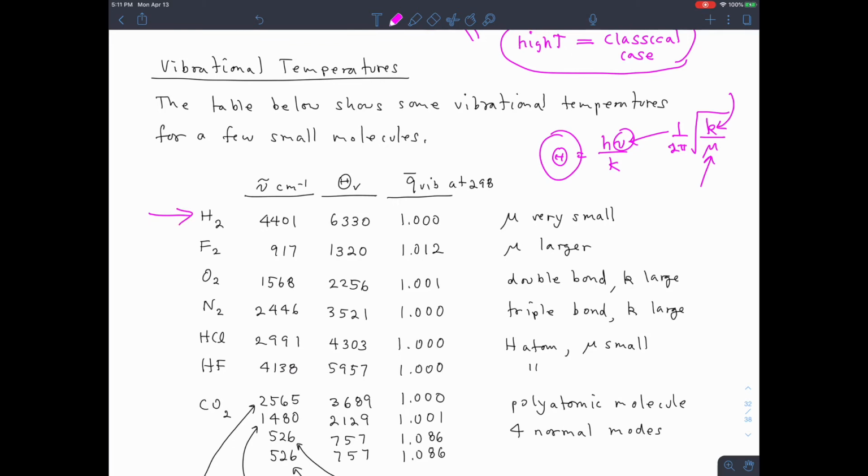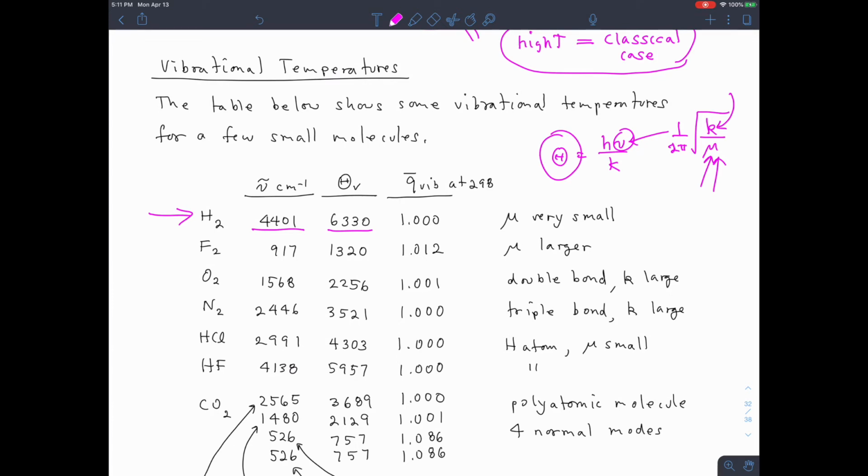The biggest one on this chart is for H2. It's got a reasonably strong bond and a really small reduced mass, so it's got a fundamental vibration frequency of 4,400 centimeters to the minus 1. That gets converted directly to the vibrational temperature, which in this case is 6,000 degrees Kelvin.